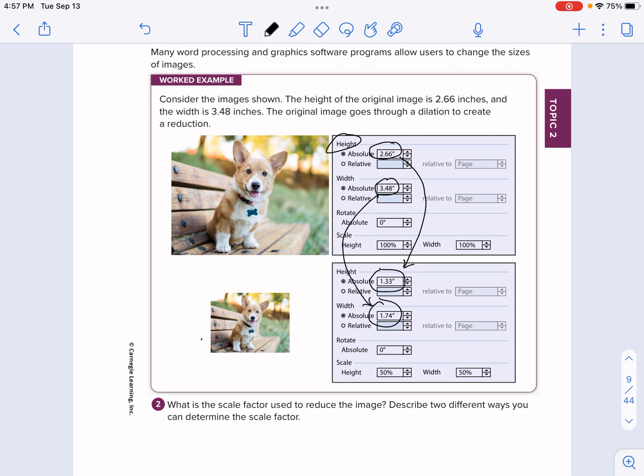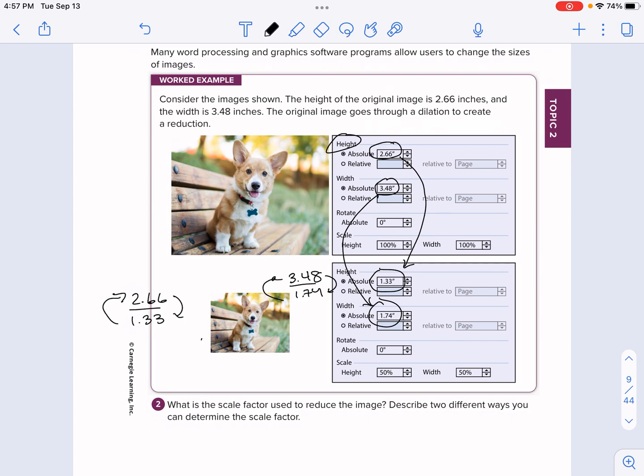Now, if you're not sure, you can actually divide 2.66 by, it became 1.33. You're welcome to use a calculator for that. Or for the width here, we had 3.48 divided by 1.74. If you divide that, you're going to get, oh, sorry, I switched it actually. Sorry, it should be switched here. And this should also be switched.